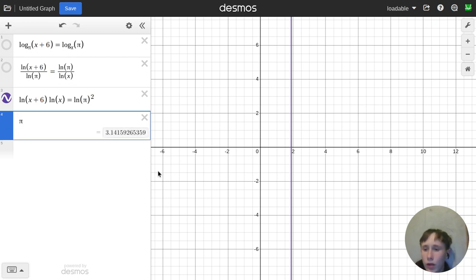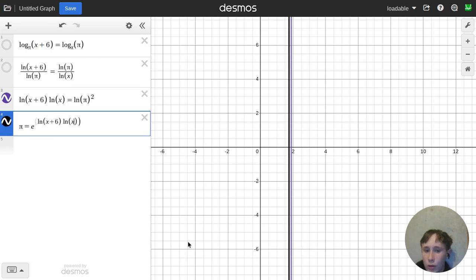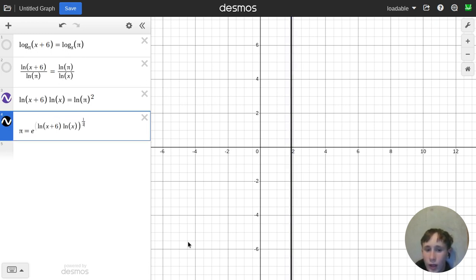Yeah, it would. Pi equals e to the square root of log natural x plus 6 times log natural x, half. So this is really hard.